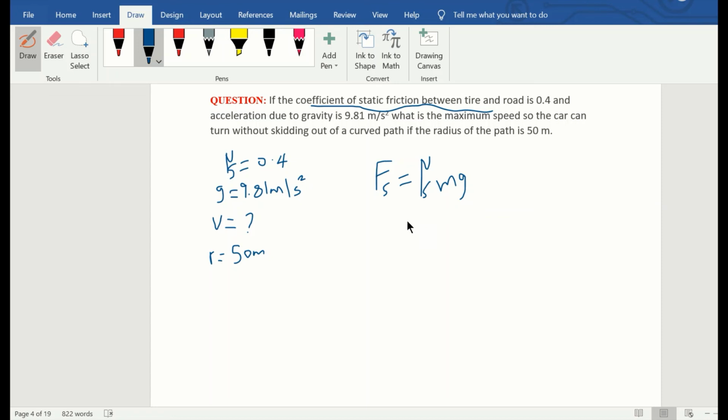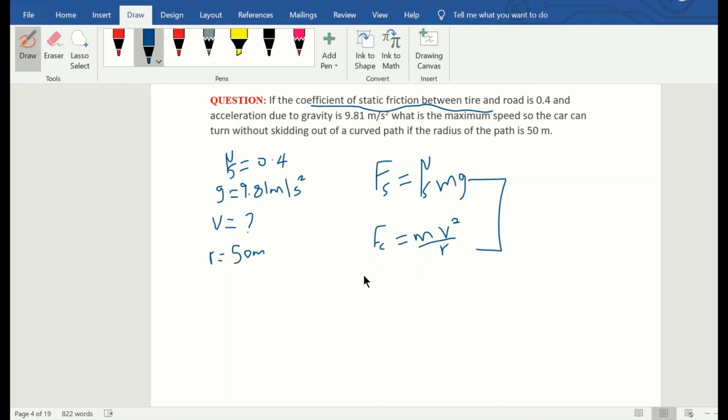So we can say that my Fc is equal to mv squared over r. So guys, you can see that we have two forces acting on this car. Because I have two forces acting on the car, I will equate them to each other.